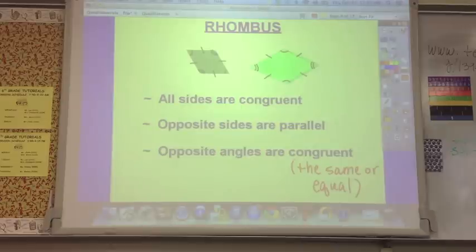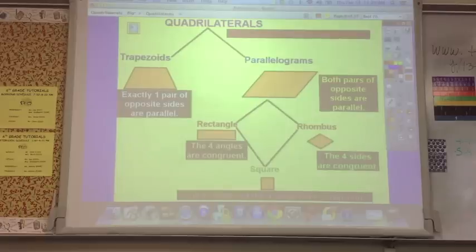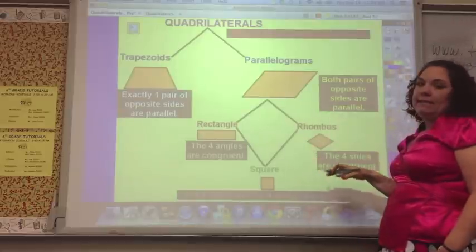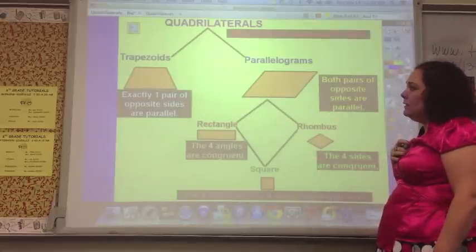And if all sides are congruent, that means all sides are equal or all sides are the same. So your notes should have at least this information in it.